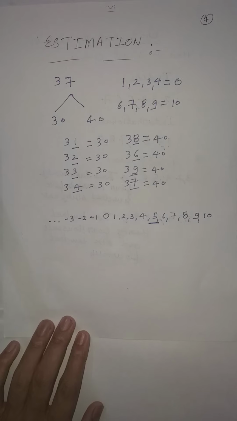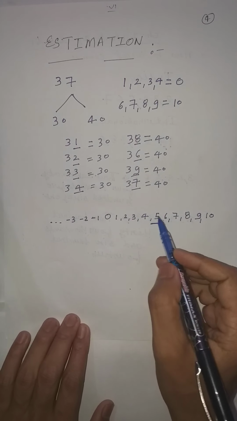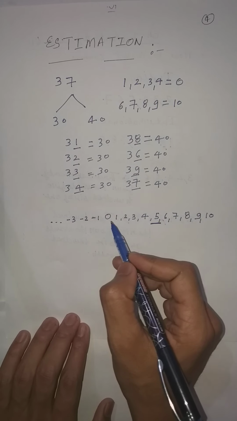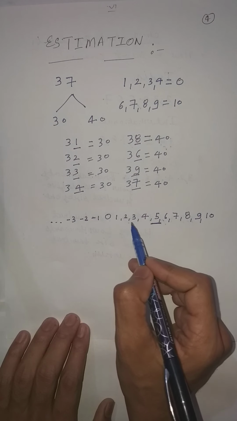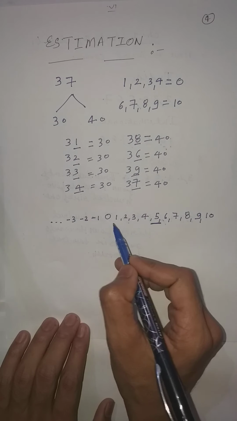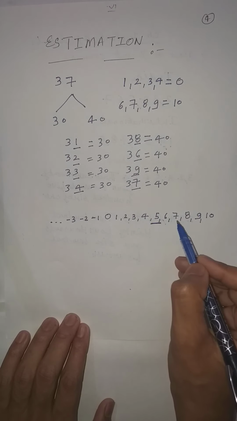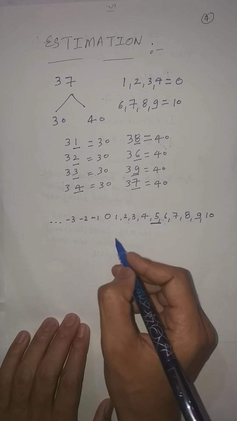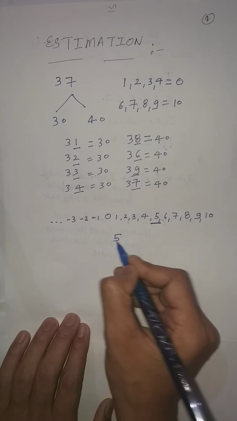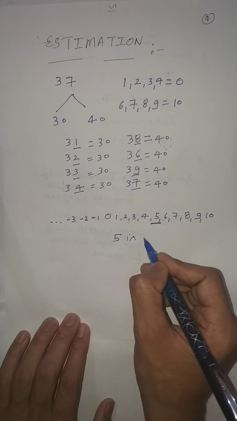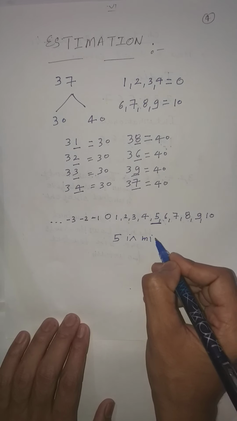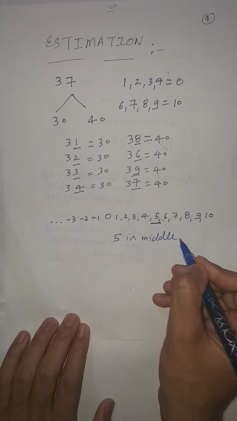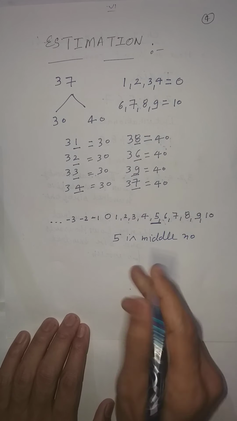Now, 5 is the middle part. How? Here 1, 2, 3, 4, 5 numbers this side, and this side 1, 2, 3, 4, 5. So you can say 5 is the middle number.